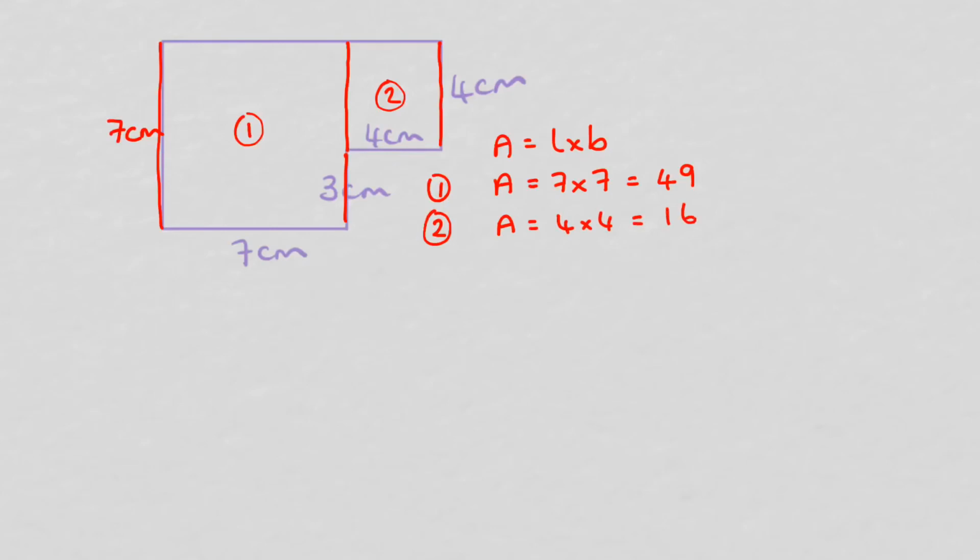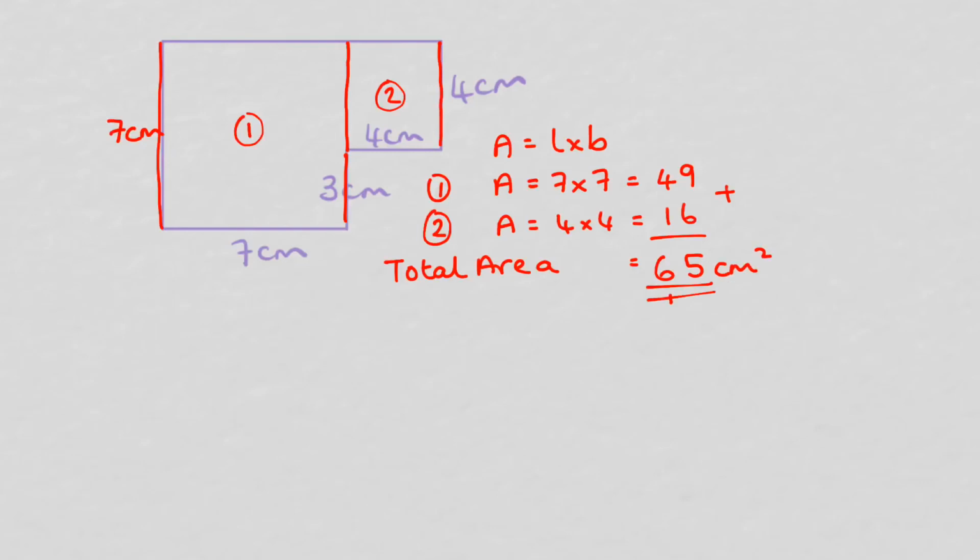That's 16. So the total area is equal to 49 add 16. 9 and 6 is 15. 4 and 1 is 5, add the 1 makes 6, and it would be square centimetres.